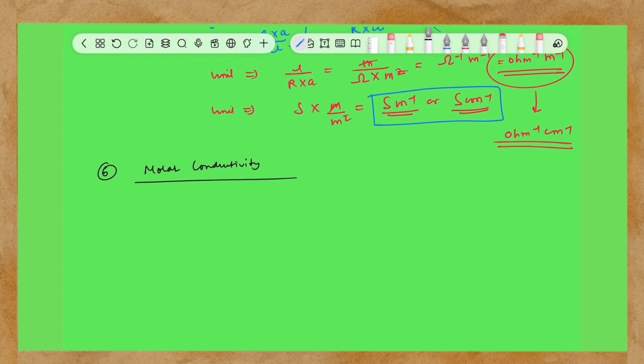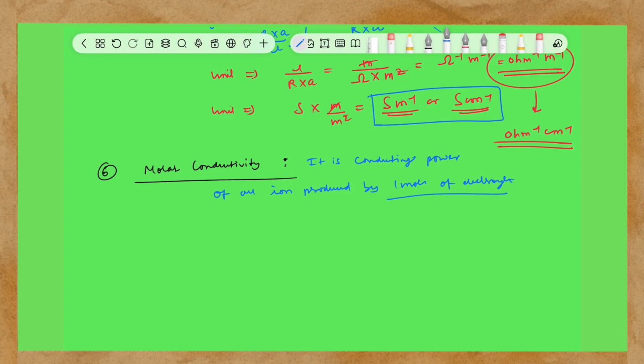We define it as the conducting power of all the ions produced by dissolving 1 mole of electrolyte. By the name we can also conclude, it is molar conductivity, so it is for 1 mole of electrolyte.